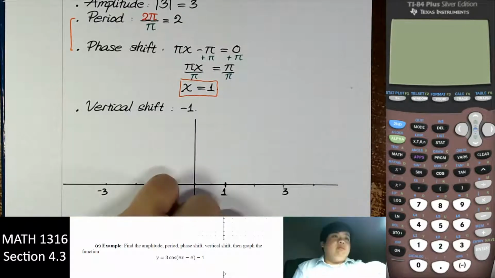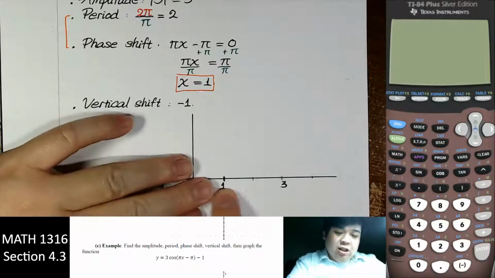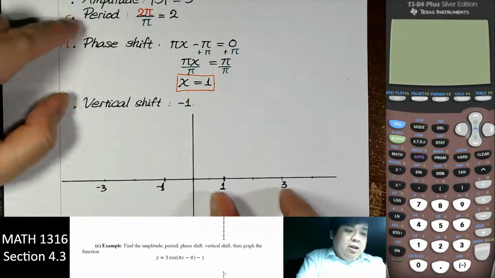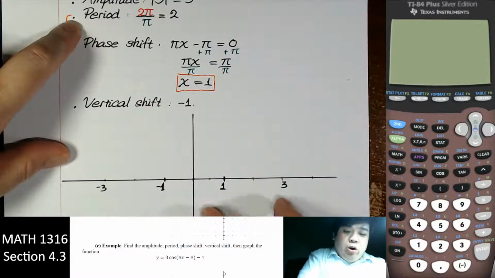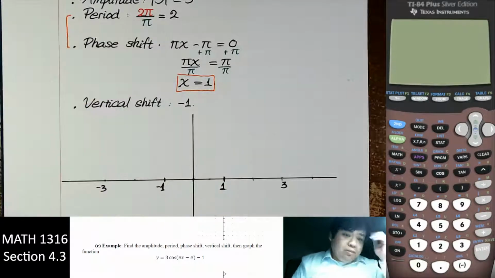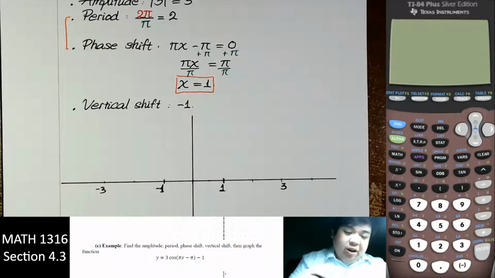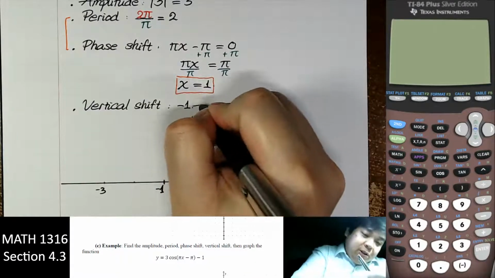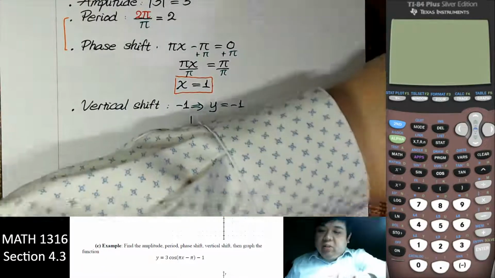The period starts where the phase shift is, and goes 2 from there. Next, the vertical shift is where the graph is centered, so that is the middle line.